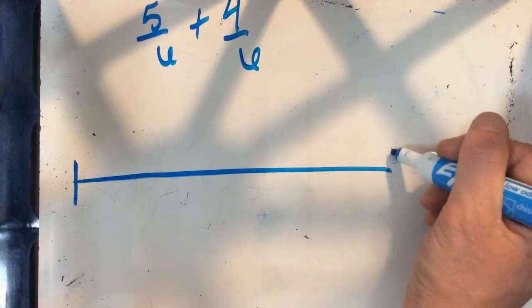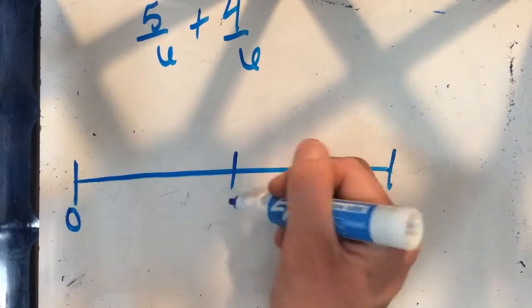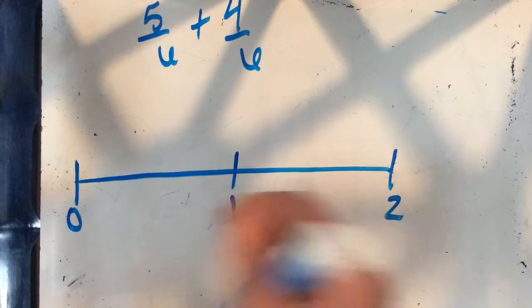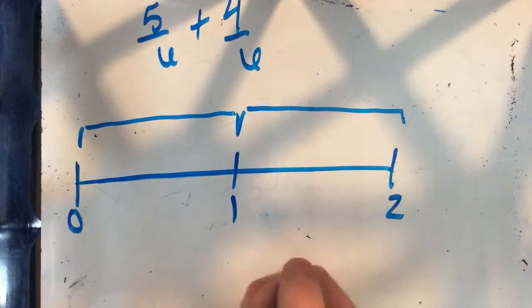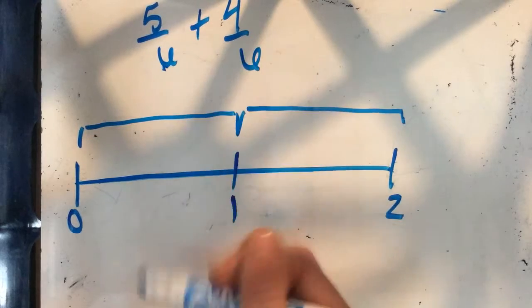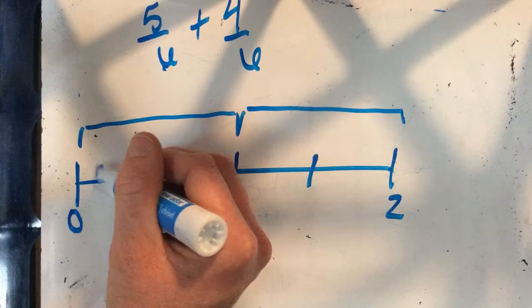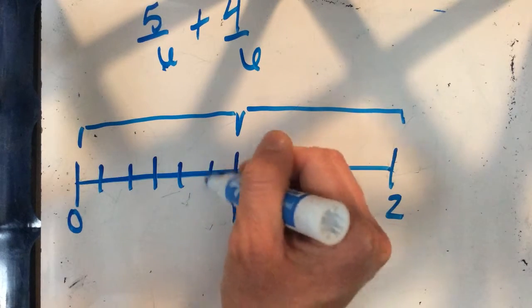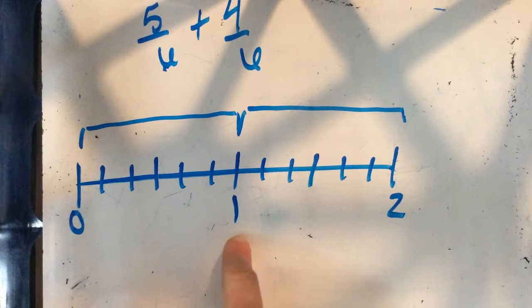So let's make our number line again. Start at 0, 1 will be our midpoint, and have 2 here. Each of these wholes needs to be split into 6 parts. So I'll split them in half first, and then each half should be split into thirds to make 6 parts. So I should have 6/6 here, 12/6 here.